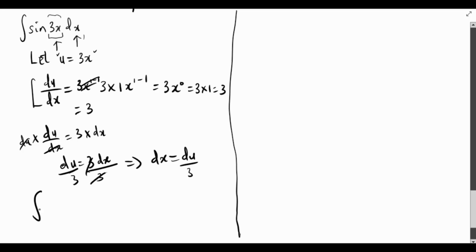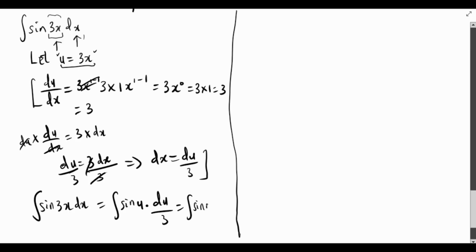So if we come back to our question, sine 3x dx, we now replace 3x and dx. Remember, 3x is now u, so sine u multiplying dx, which is now du divided by 3, right? And I said du divided by 3 is the same thing as du times 1 over 3. So this is sine u times du times 1 over 3.